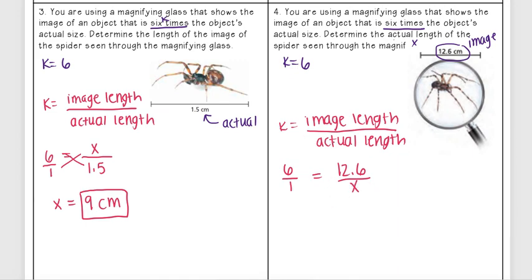And then I'm going to do that same thing, so I'm going to cross multiply. So I'll do 6 times x to get 6x, 1 times 12.6 to get 12.6. So I have 6x is equal to 12.6, and then I'm going to divide both sides by 6. So I get that the actual length of the spider is 2.1 centimeters.